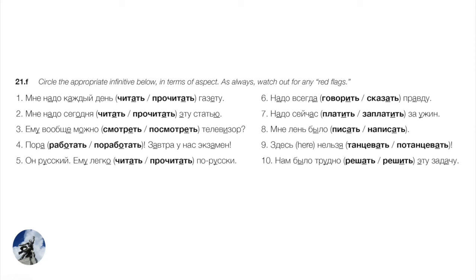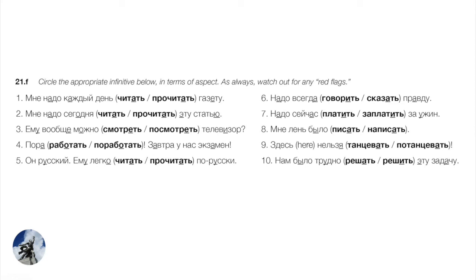Number 7, надо сейчас blank за ужин. Now we need to pay for dinner. Okay, sure sounds like perfective, right? We have now, сейчас, so a very narrow time frame. We have a single meal we're talking about, very narrow context, a one-time incident, and calls for perfective.